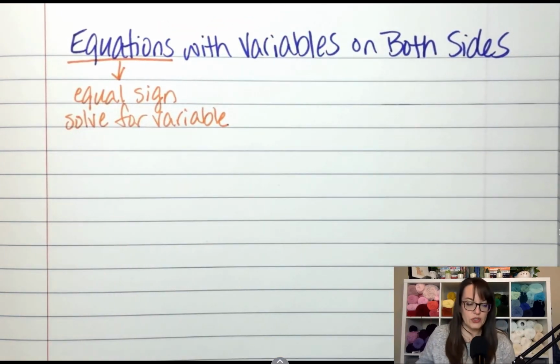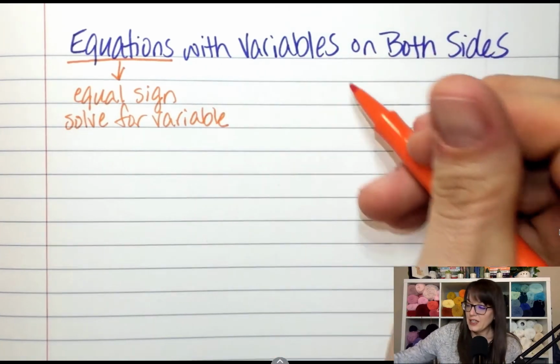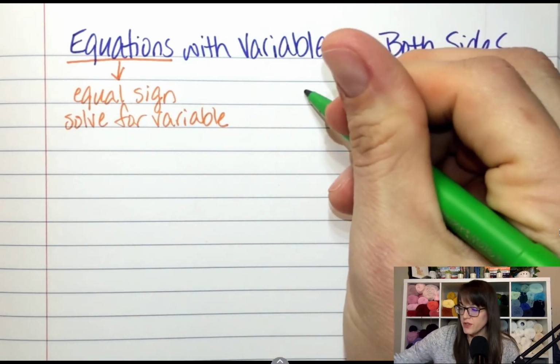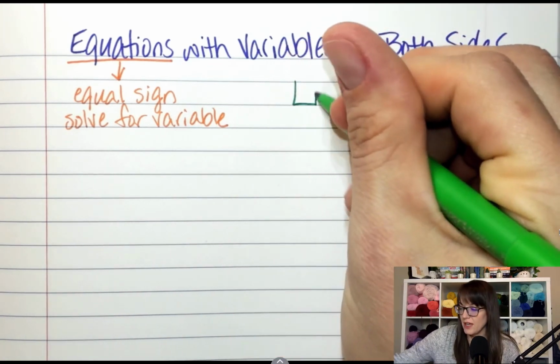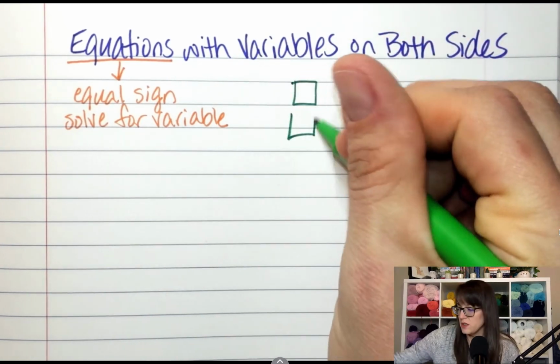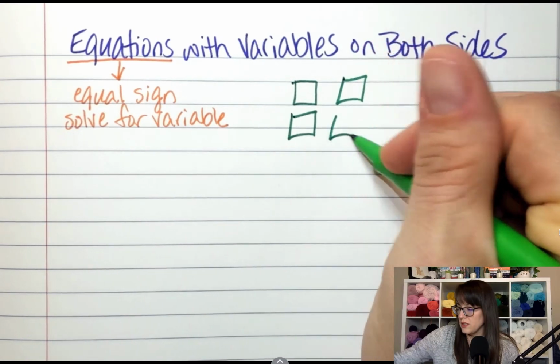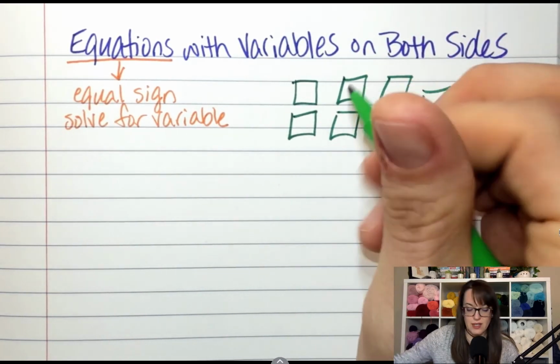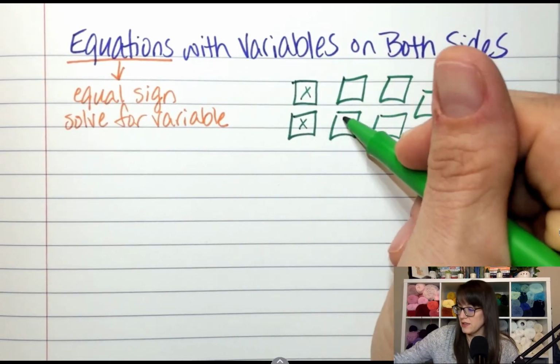All right. So to model, because it's sometimes easy for us to see it, we're going to have unknowns on both sides. So if I have an x, 1, 2, 3, 4, 5, 6, 7 x's.